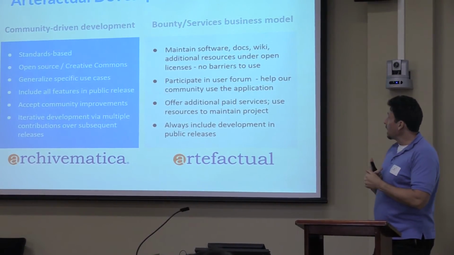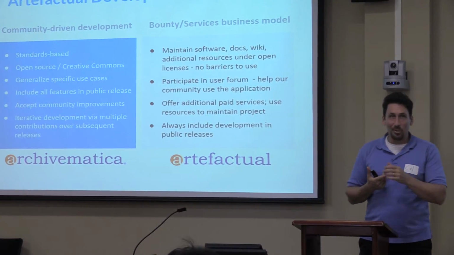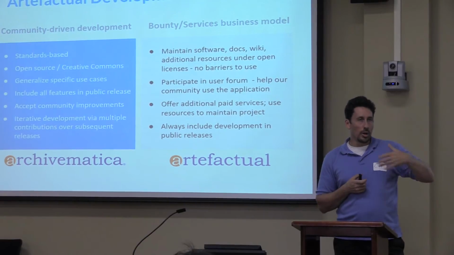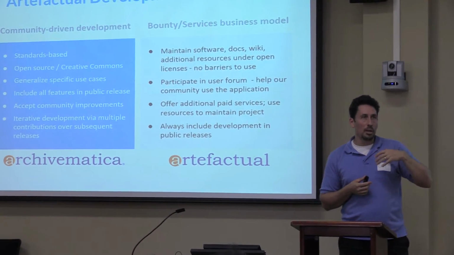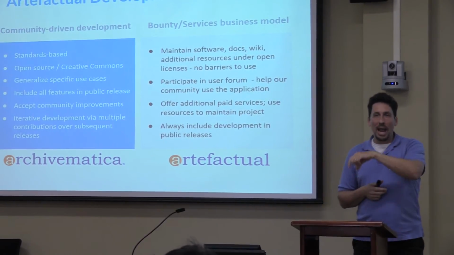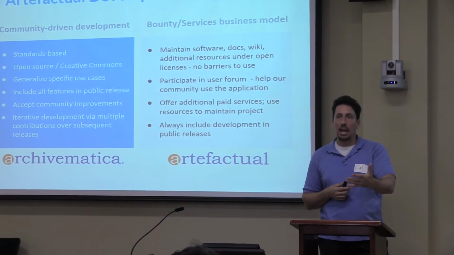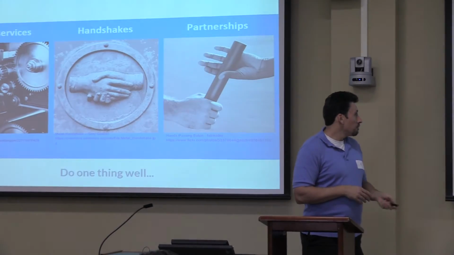And they have this bounty model and service model, where the idea is that you either do it all on your own, because the software is free, or you do it with support by the company where they provide you that support, or if you have something specific you want added back into the code base of the software that's not there already, you can essentially pay them to do that development to make that enhancement to the software.